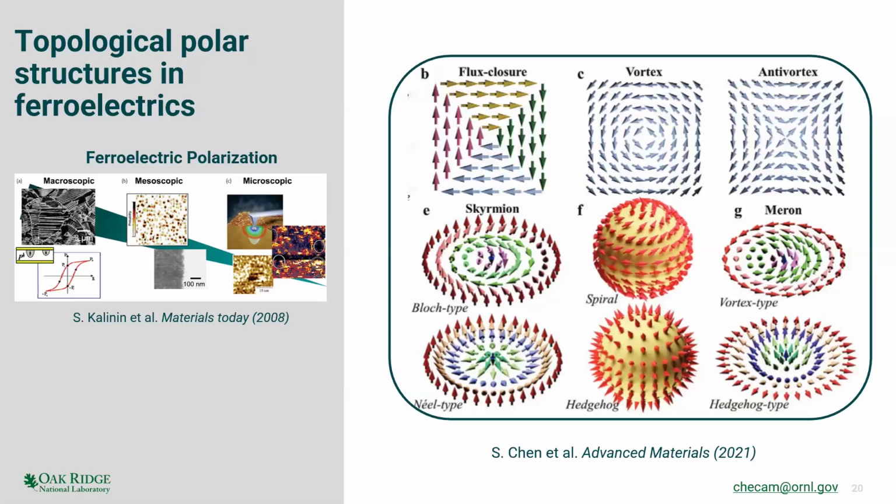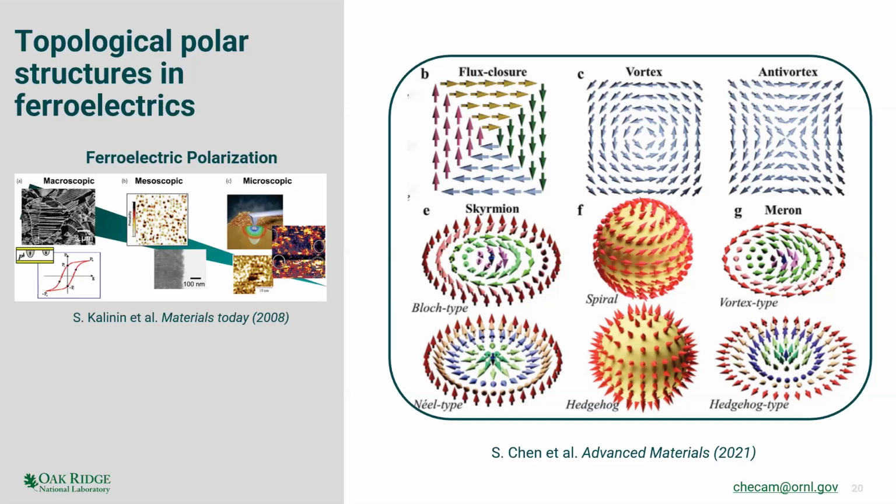And when we look at the microscopic dipoles that form this ferroelectric, under certain exotic boundary conditions, one can achieve this weird arrangement of these microscopic dipoles that are called topological structures in ferroelectrics.